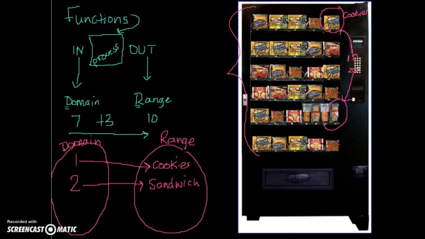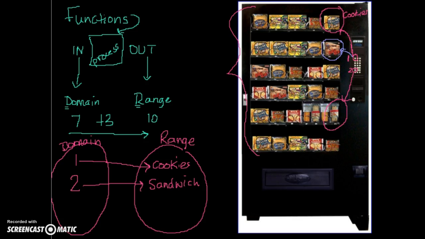Just like in a vending machine, each button on the keypad is connected to one slot on the vending machine. It would be impossible for me to press number 1 and get this snack to come out also.